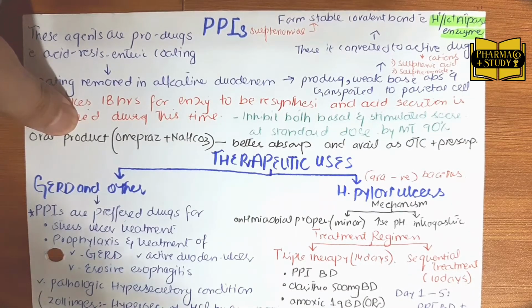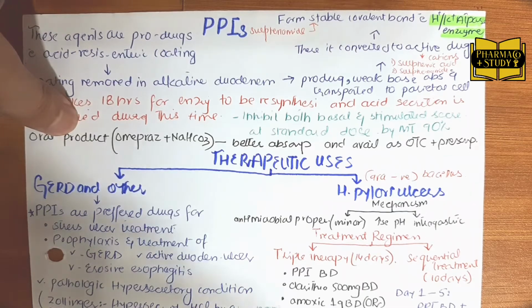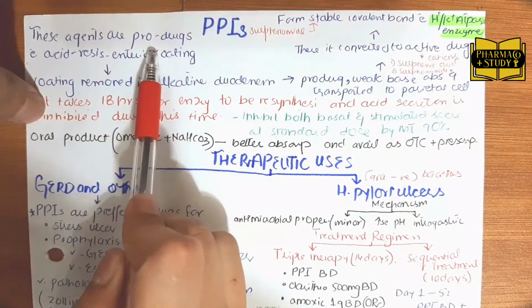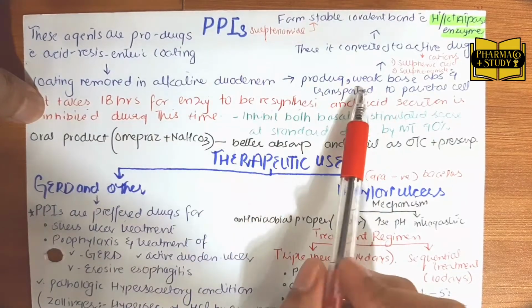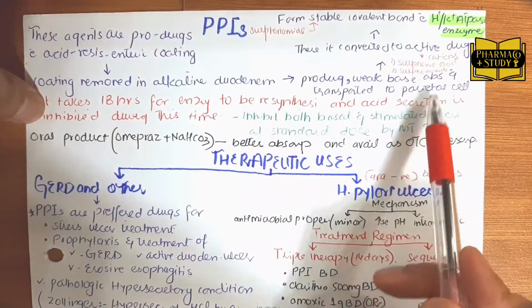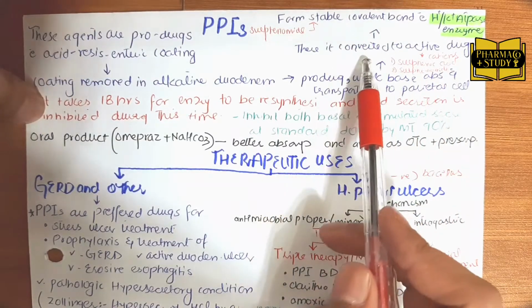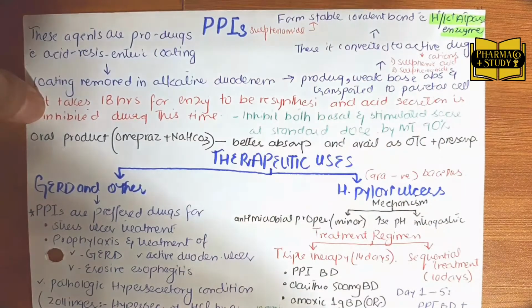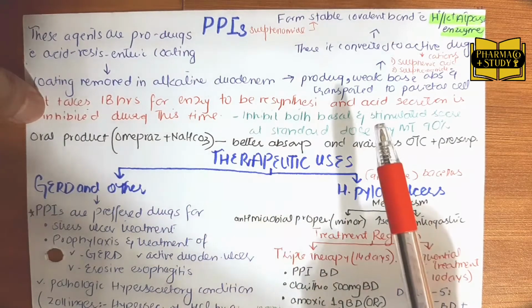So by this pathway it enters your circulation and gets absorbed, and then from the circulation it is transported to the gastric parietal cell, and there it is converted to the active drug because it is a prodrug. So first the coating is removed, it gets absorbed and enters the circulation, from the circulation to the parietal cell to be converted to the active drug, and then it forms the stable bond with the hydrogen potassium ATPase enzyme.